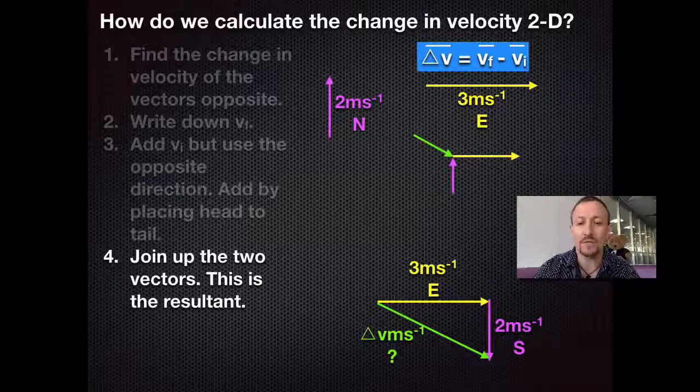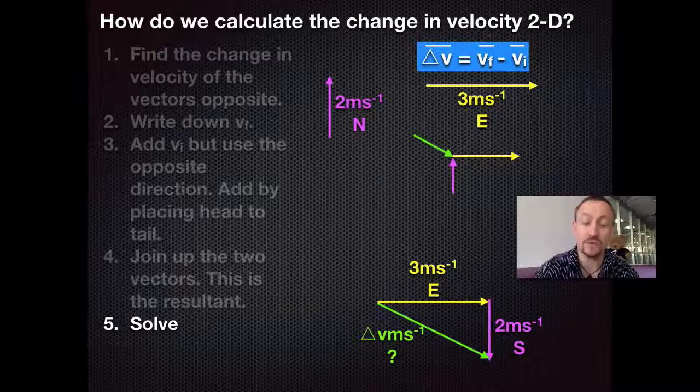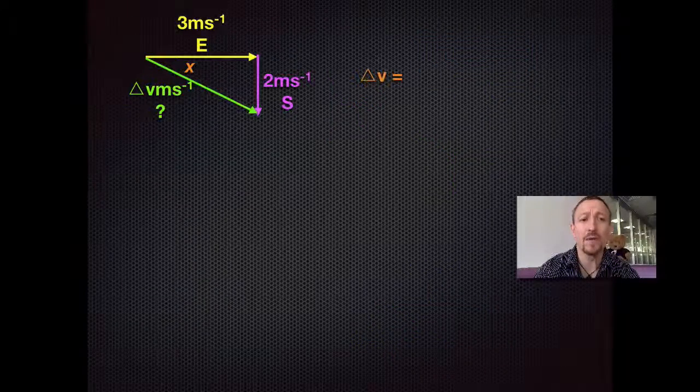So now what I've got to do is solve the equation. Now you can see I've got a right angle triangle here. This allows me to basically use Pythagoras and trigonometry to determine what is the magnitude and the direction of that green arrow. So we get a right angle triangle, as you can see here, 3 meters per second east, going 2 meters per second south, and my green arrow basically is working at an angle X and has a length which we're just going to call a question mark.